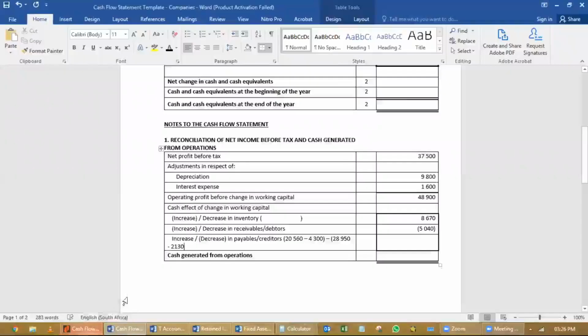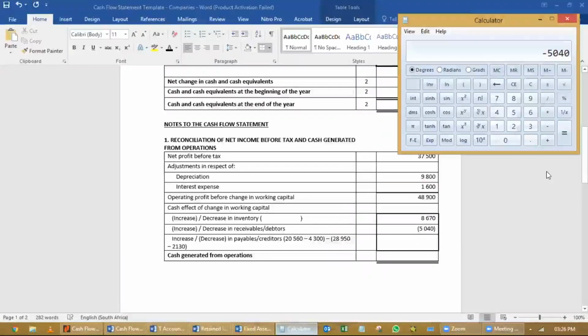Correct, right? Yes. Okay. So now I can work this out. So let's go to my calculator. I said 20,560 minus the 4,300.